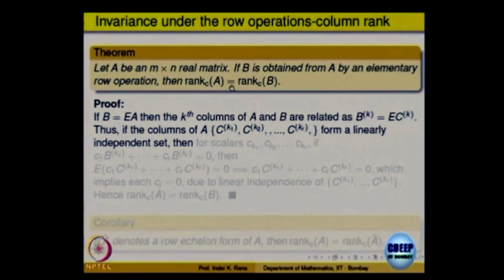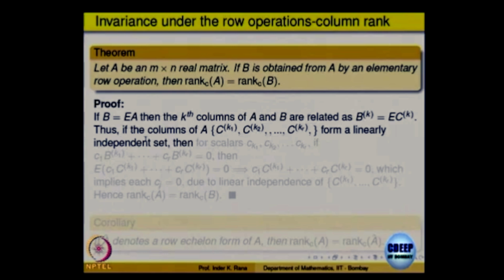So, if B is obtained from A by a row operation, then B must be equal to E times A, right. Now, look at the kth column of both sides. The kth column of B is precisely the kth column of A pre-multiplied by E, that is a block matrix multiplication, right. What we want to say is that column rank does not change.